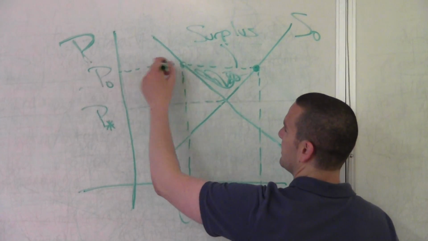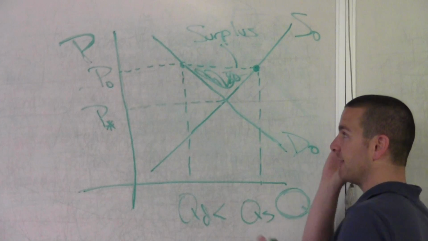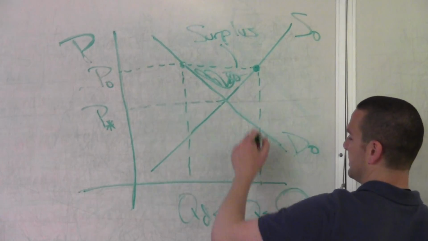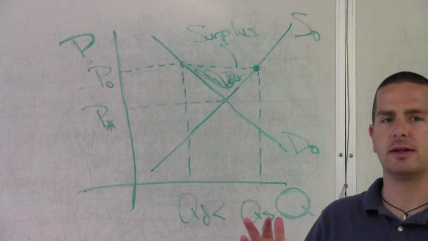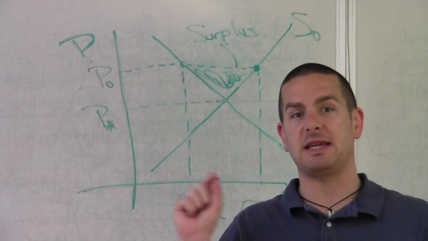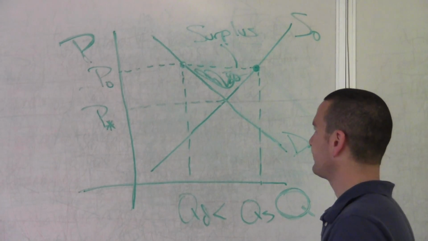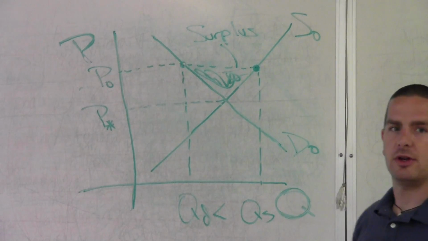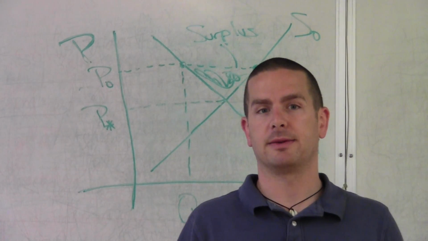So we have a price and a quantity demanded. And we have a price and a quantity supplied. Well, it turns out that price is far too high for quantity demanded to be equal to quantity supplied. So what we end up getting is a surplus, right? Businesses produced more than people wanted to buy.